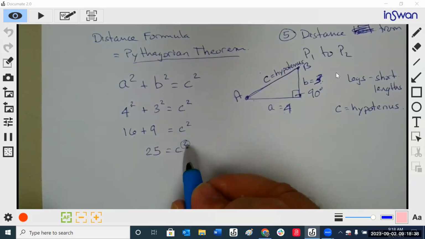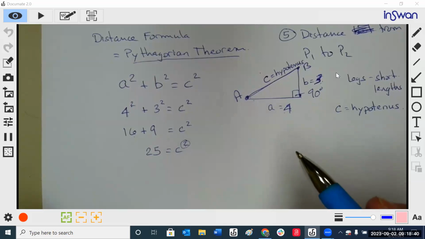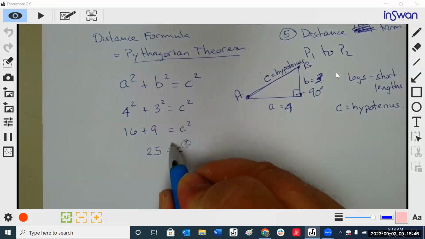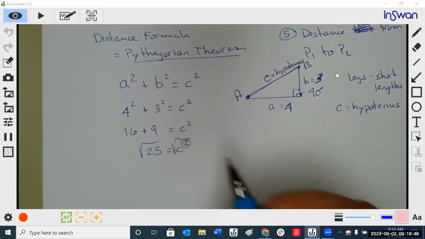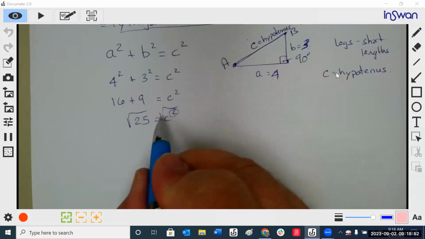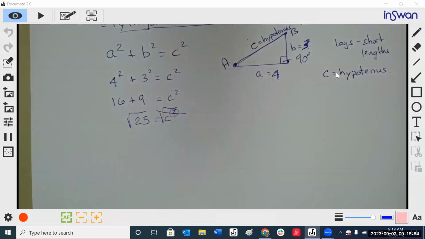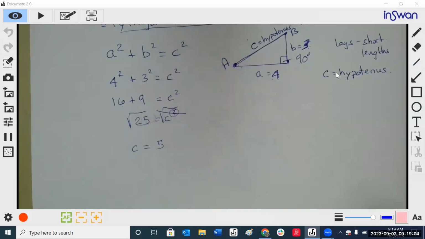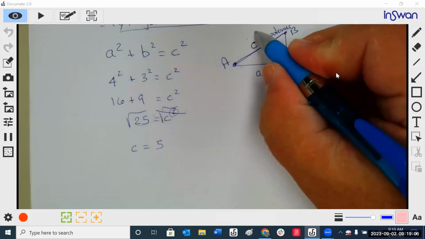The opposite of squared is square root. Again, next class, we're going to go through all the different functions. So to get rid of that, we square root both sides. The square root and the square cancel each other out. Always. So we get C: square root of 25 is what times what is 25? 5 times 5. So this length is 5.